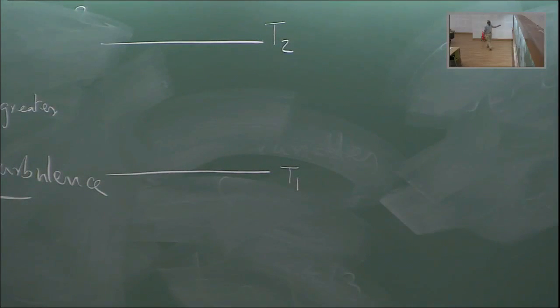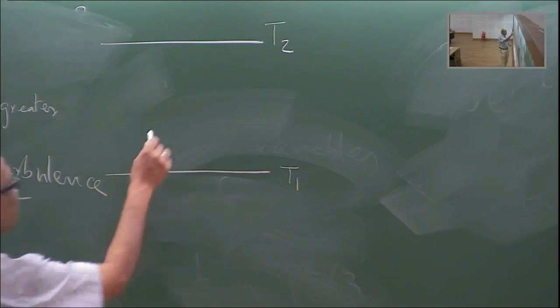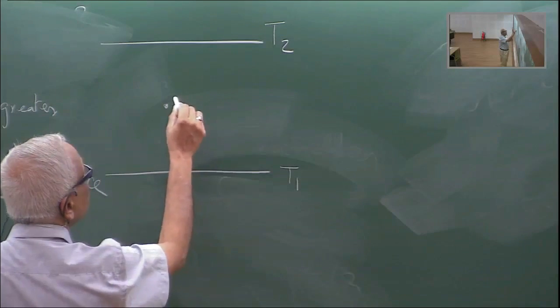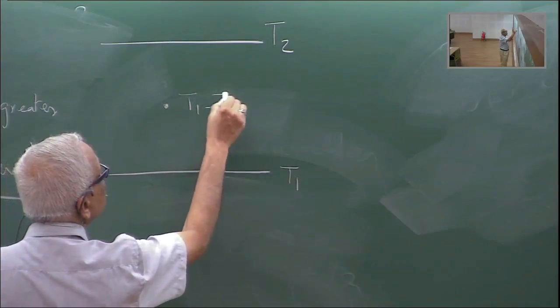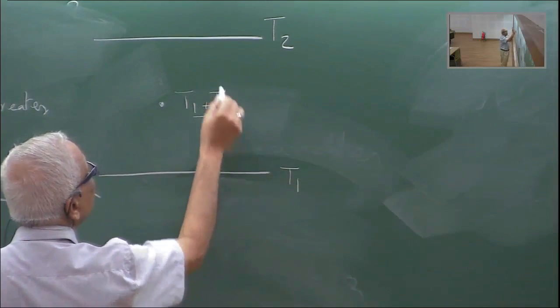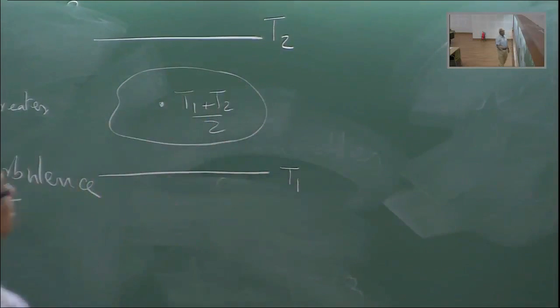But you see, if you do the measurement of the temperature over here, you would find that in the central region of the cell, the temperature is almost T1 plus T2 by 2 everywhere.